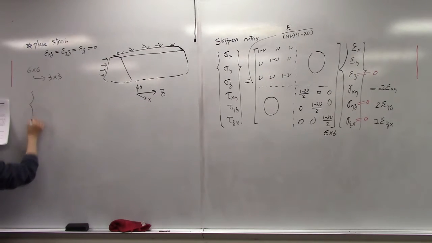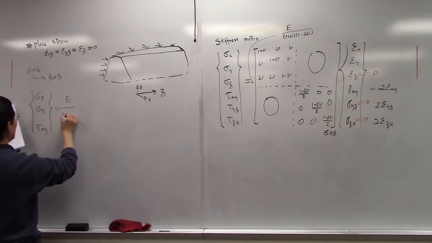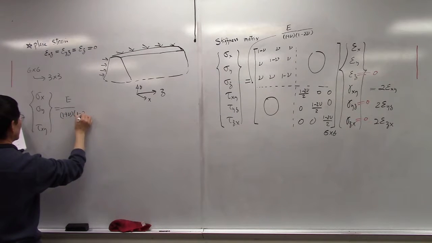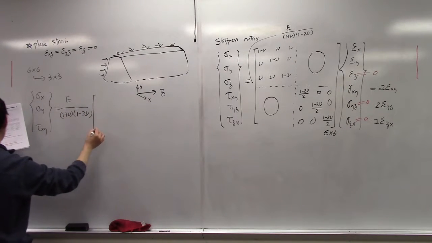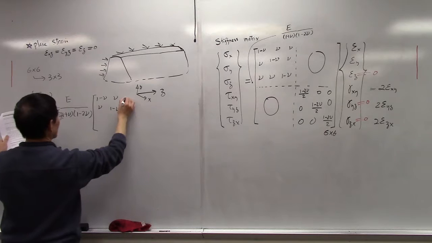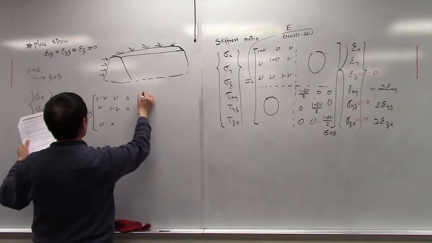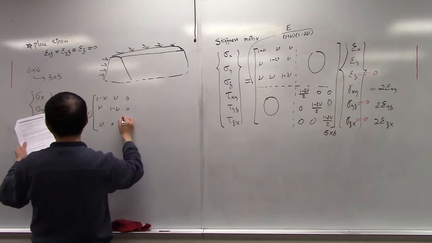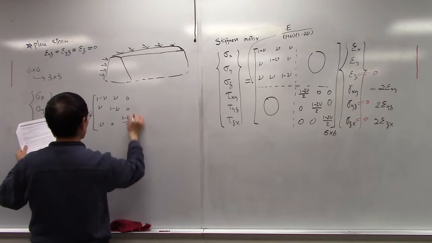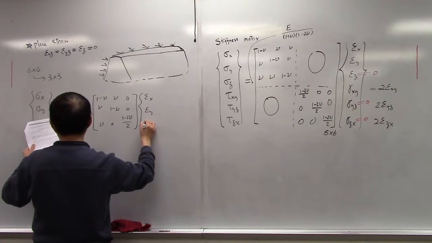It is as follows: sigma x, sigma y, and tau xy equal E over (1 plus nu)(1 minus 2 nu), times the matrix with 1 minus nu, nu, 0; nu, 1 minus nu, 0; 0, 0, (1 minus 2 nu) over 2, times epsilon x, epsilon y, 2 epsilon xy.